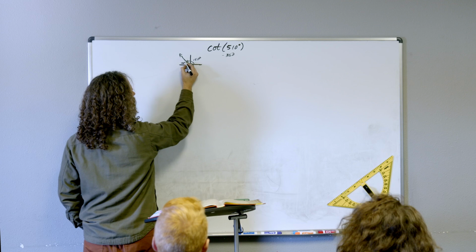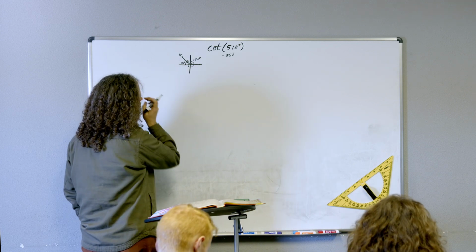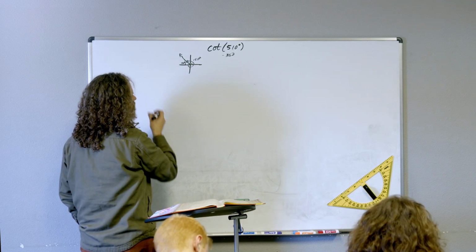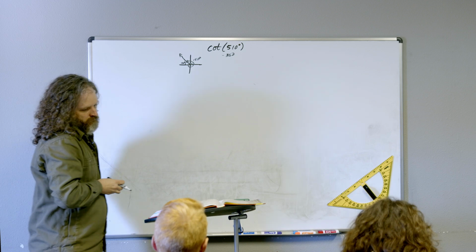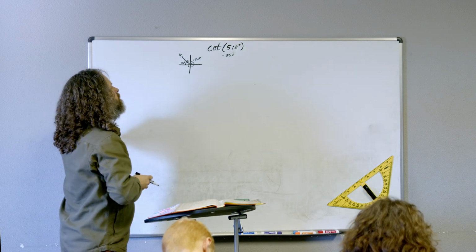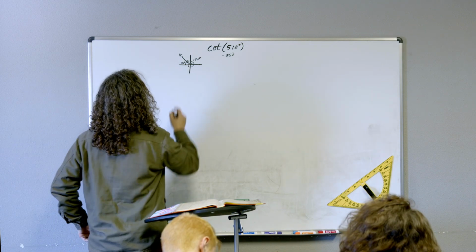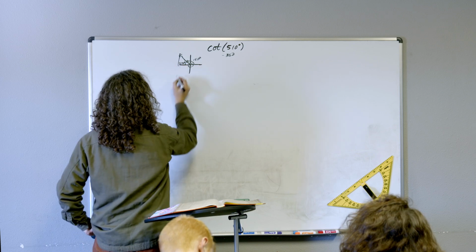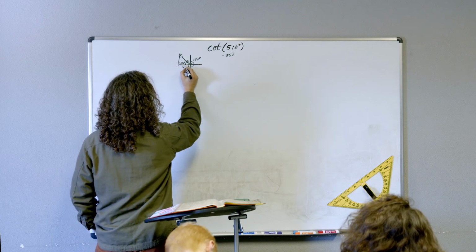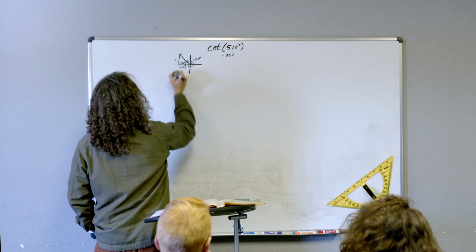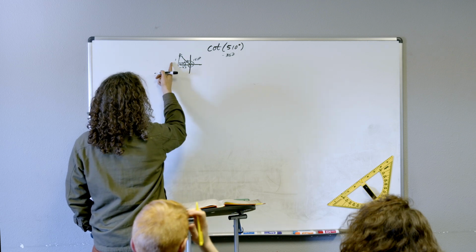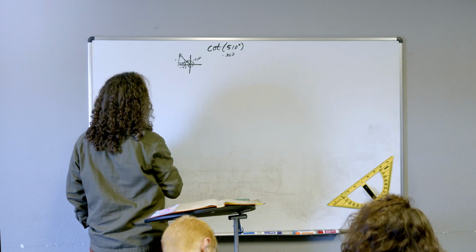So 30 again, yes. So then we have the same 1, 2, and then the square root of 3. Cotangent is adjacent over opposite.